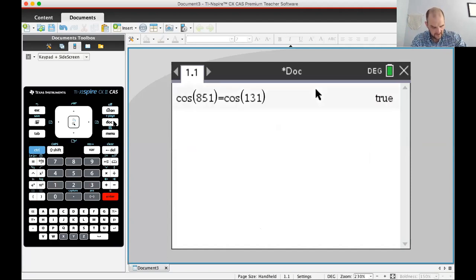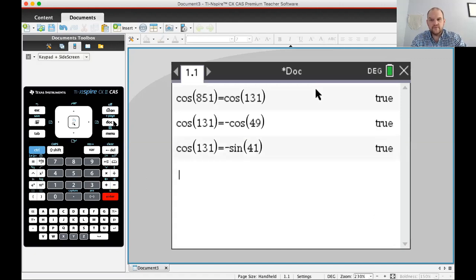True, that's good. I'm going to skip the next one, which was the absolute value part, and just go to cosine of 131 equals the negative of the cosine of 49. True. And then, does the cosine of 131 also equal the negative of the sine of 90 minus 49, so 41? True.